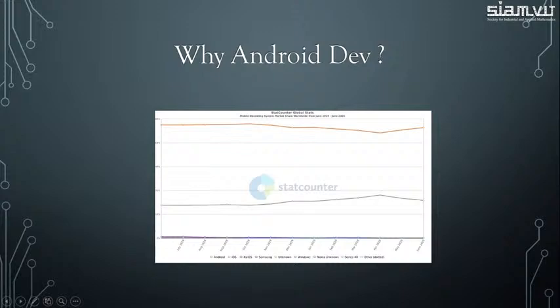You can pretty much figure out that Android users are in a huge amount, which basically indicates that there is a huge market. I'm going to repeat this throughout the session, that Android has probably the biggest market when it comes to operating systems, and it's just so big.